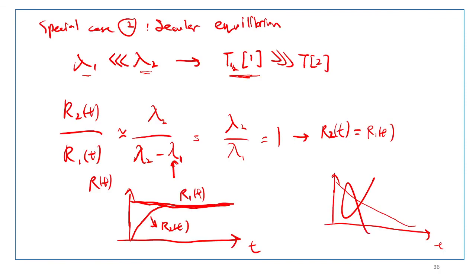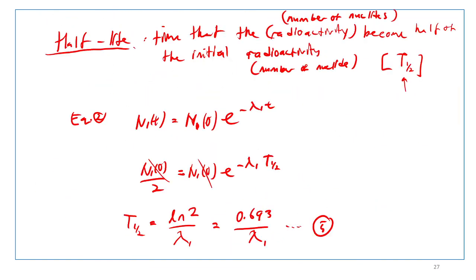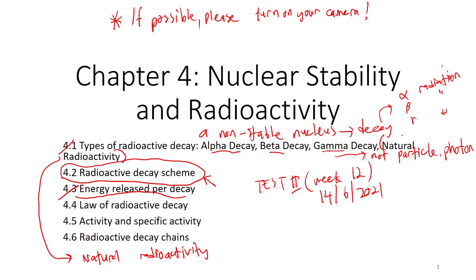For those in my class, this is not yet the end of chapter 4. We still have to cover specific activity. We covered activity, but not yet specific activity, but this is simple.